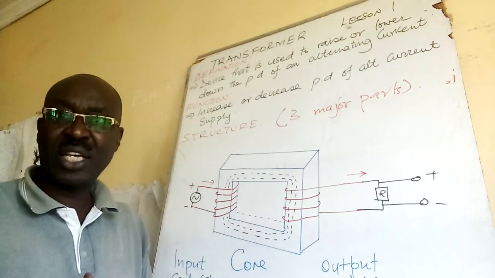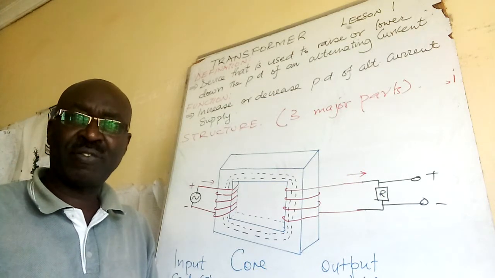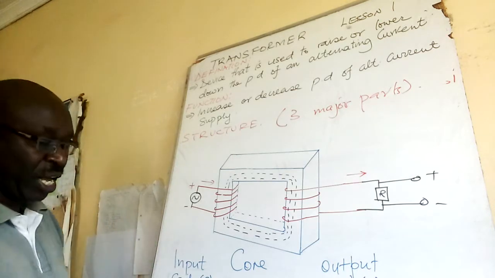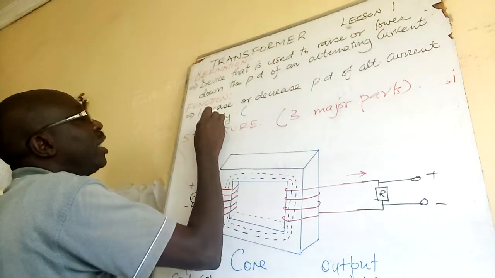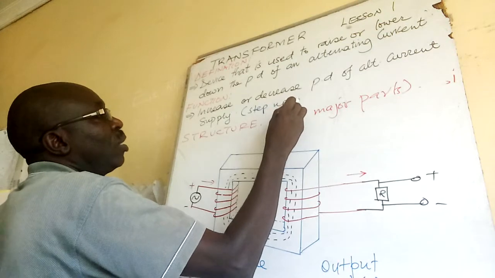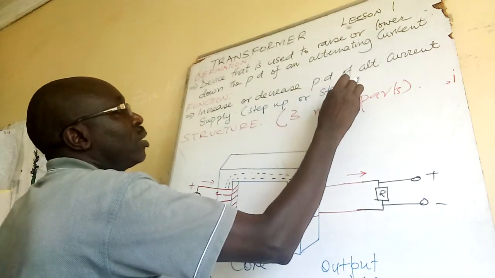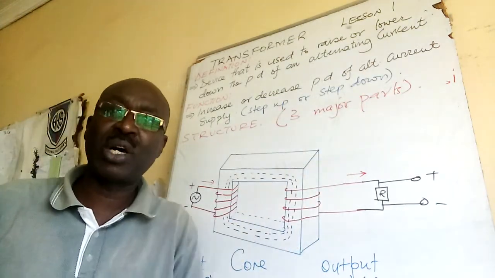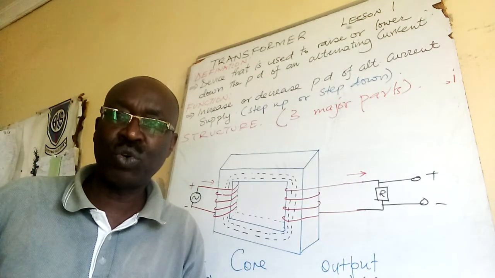For now, I think I have introduced what a transformer is, what its function is, and what its components are. In the function here, you can put in brackets, when we increase, we step up. Or when we decrease the PD, it is called step down. So the transformer can either step up or step down the voltage.